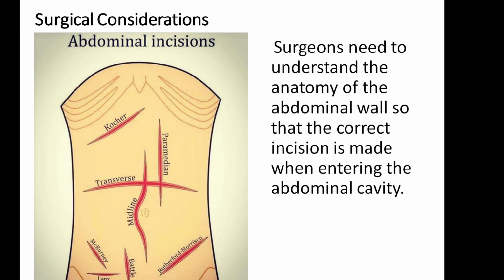Surgeons need to understand the anatomy of the abdominal wall so that the correct incision is made when entering the abdominal cavity. Here you can see different types of surgical approaches that allow entry into the abdominal wall to reach different organs at different levels of the abdominal cavity.